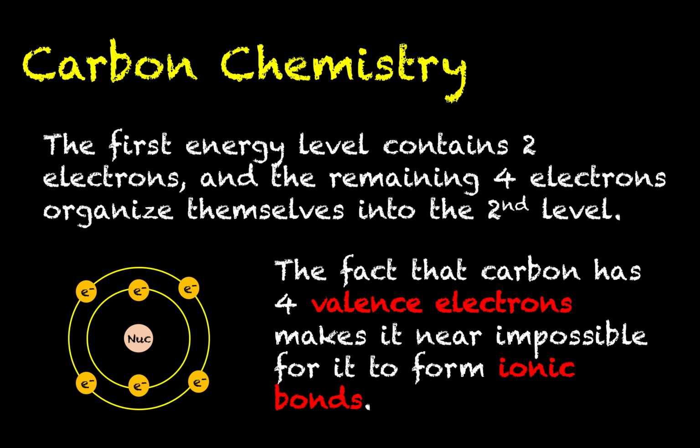Now, the very fact that carbon has 4 valence electrons immediately tells us that it's very, very unlikely that carbon is ever going to participate in ionic bonding because, as you'll recall, an ionic bond is one that involves the complete transfer of electrons in order to fill up the outer shell. For carbon, this would involve either donating 4 electrons or receiving 4 electrons, neither of which is very likely.